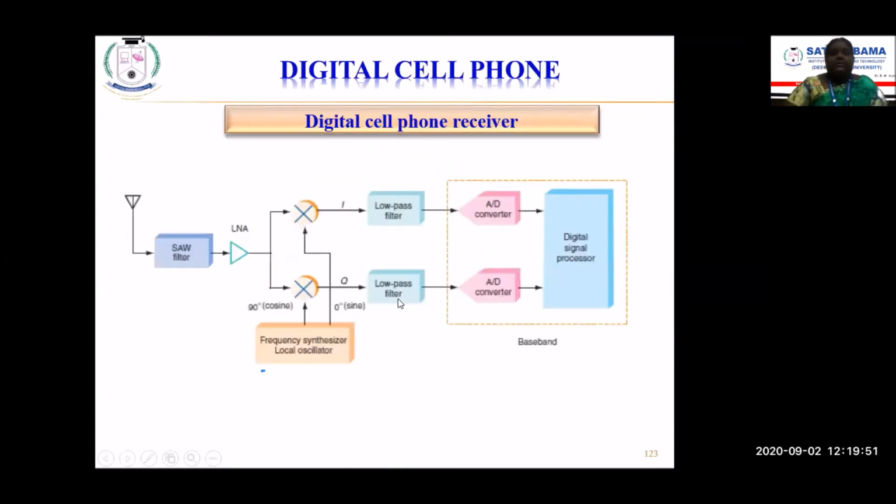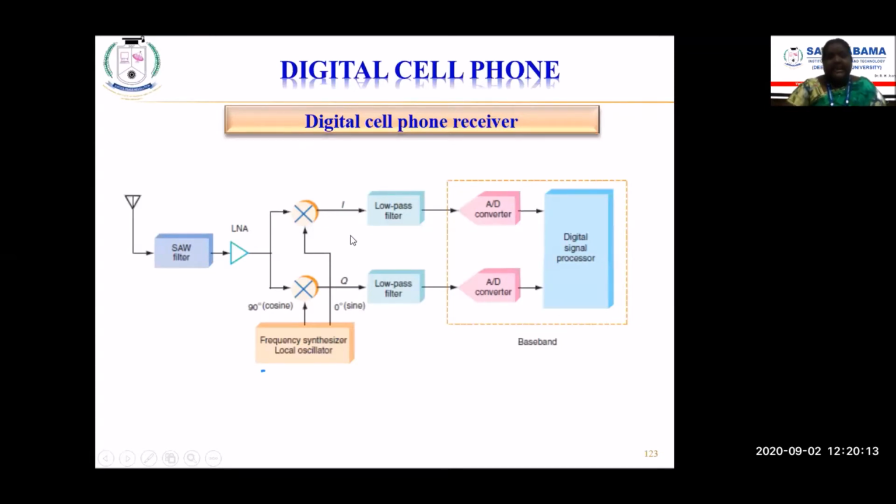This is the cellular telephone receiver in detail. There will be a filter. This is the receiver part alone. A low noise amplifier will be here. It will be converting the in phase signal and the out of phase signal, so the cosine signal will be converted to the out of phase signal, that is the quadrature phase signal.